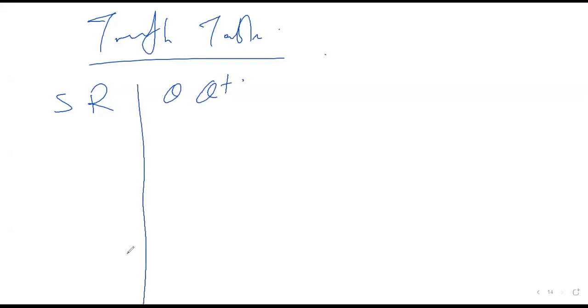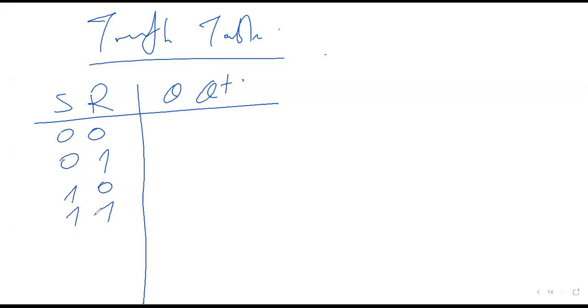I'll explain what Q is. 0, 1, 0, 1, 0, 0, 1, 1. You need to understand the truth table of this latch. For all the memory elements we are going to be doing, you need to understand how we came up with the truth table.